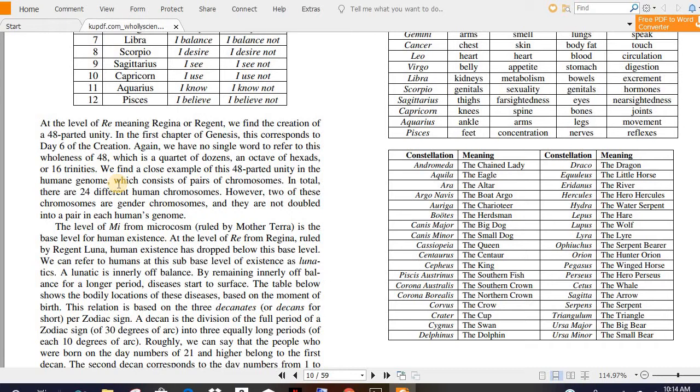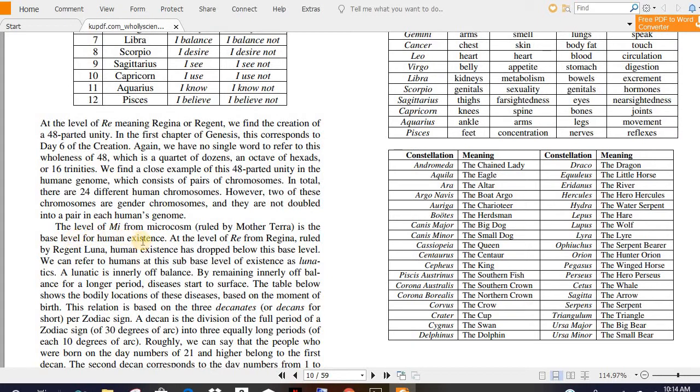We find a close example of the 48-parted unity in the human genome, which consists of pairs of chromosomes. In total, there are 24 different human chromosomes. However, 2 of these chromosomes are gender chromosomes, and they are not doubled into a pair in each human's genome.